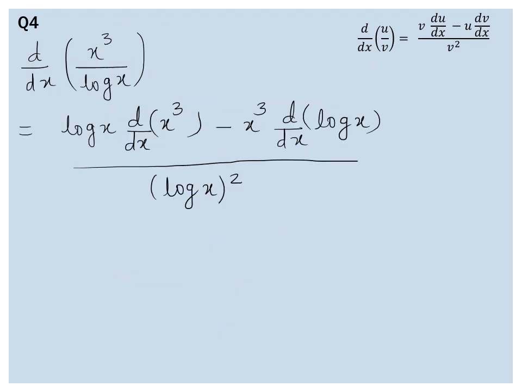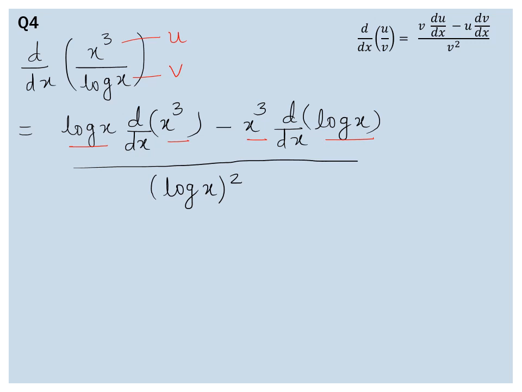In this example, the numerator is x cube, that is u, and the denominator is log x, that is v. So v, that is log x, into derivative of u, x cube, minus u, that is x cube, into derivative of v, that is log x, upon v square, that is log x whole square.